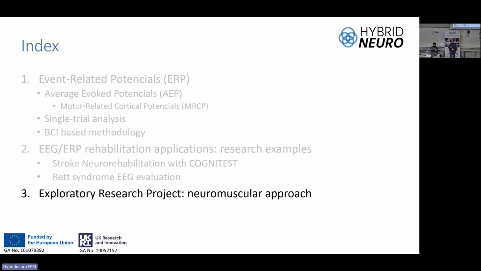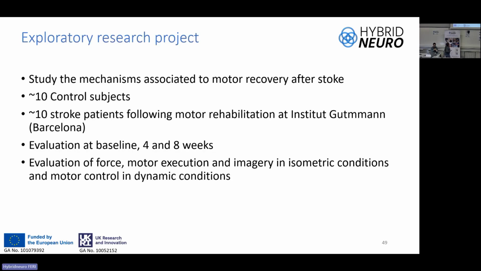So we wanted to present some initial results of our exploratory research project and also the experimental part that we are performing at Goodman Institute. The idea of this analysis is to study the mechanisms associated with stroke rehabilitation. So we are recording EEG signals and EMG signals in patients after the acute case during the rehabilitation at Goodman, which takes more or less 3 months.